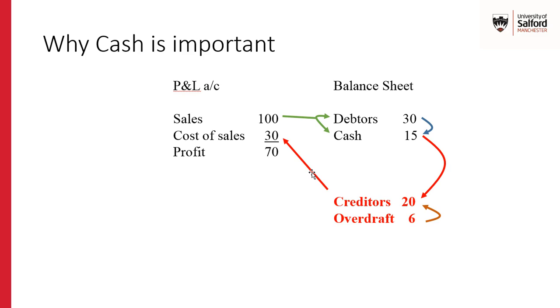So you have a creditor, someone who you owe money to, who has to be paid in 30 days. So a creditor is created. Creditors need to be paid, not immediately, but paid out of cash or out of overdraft. And that is basically the main cash cycle of a business.